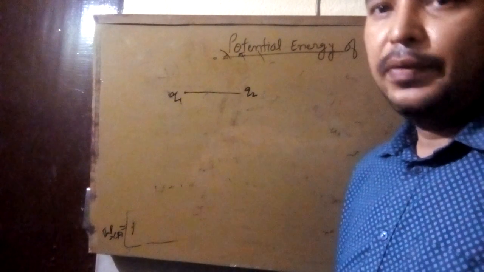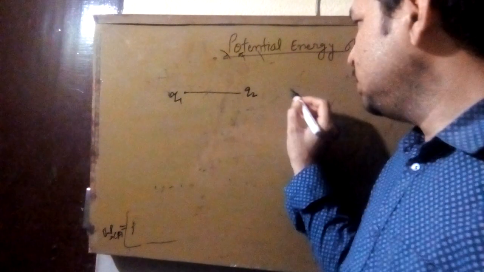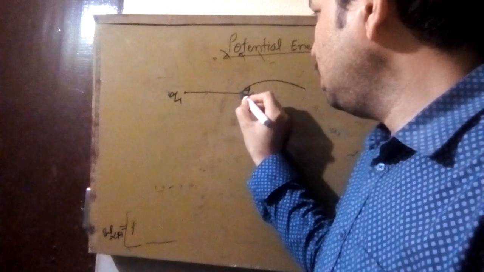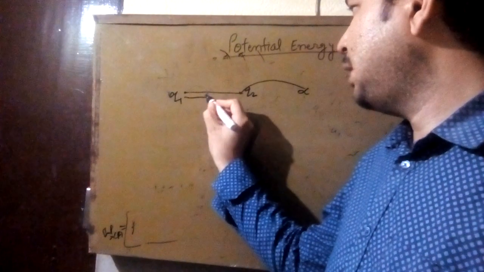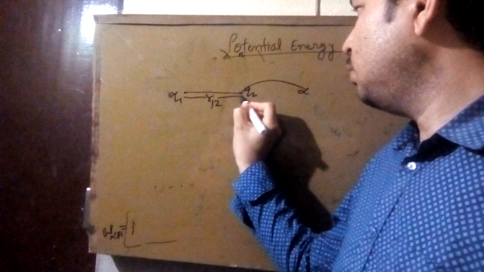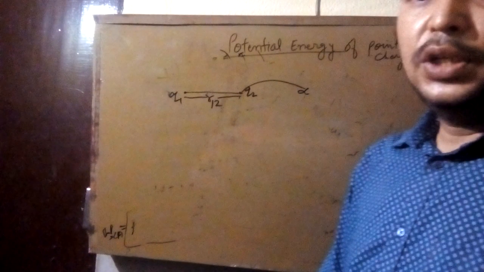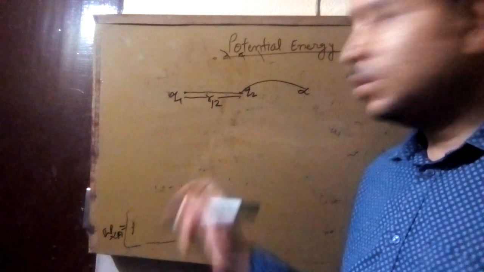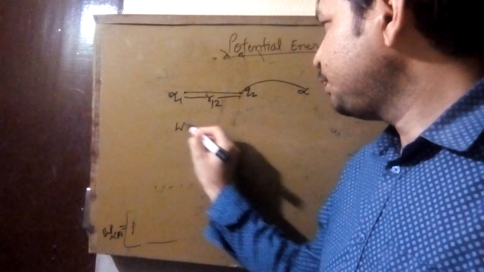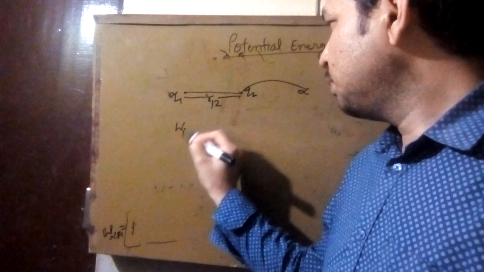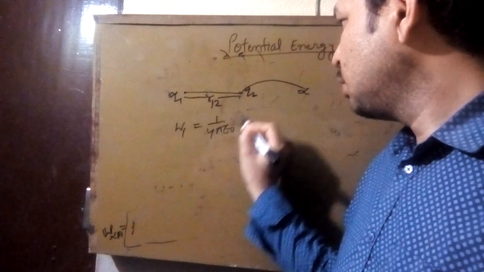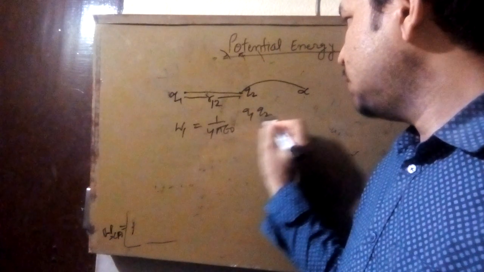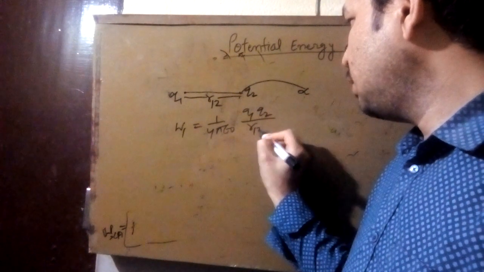Just now we calculated, if this Q2 charge is brought from infinity to this point, suppose this point is at distance R12, what is the total work done? Suppose this is W1, 1 by 4 pi epsilon naught Q1 Q2, the product of two charges, over the distance between them, R12.